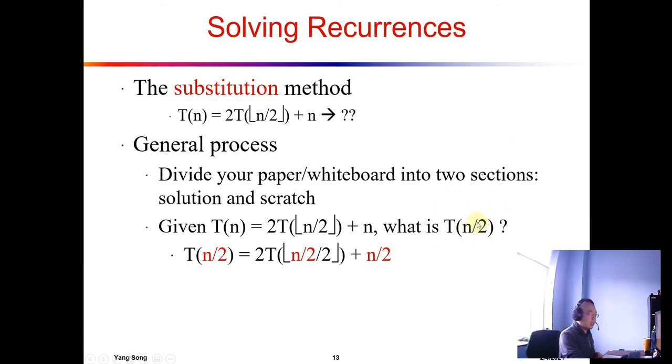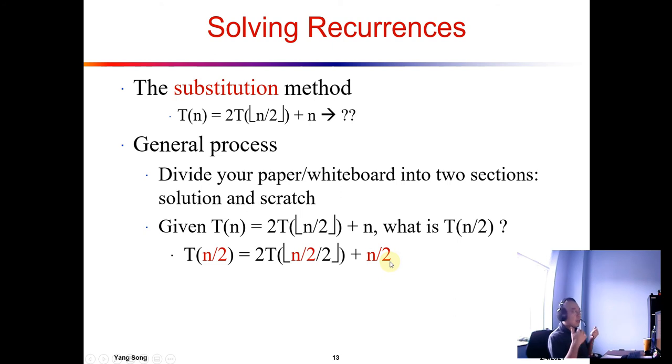If we plug in n divided by 2 into here, we should replace this n, this n, and this n by n divided by 2, and then we will have this. So this is T(n/2). We just substituted the n with n/2, so we got T(n/2).